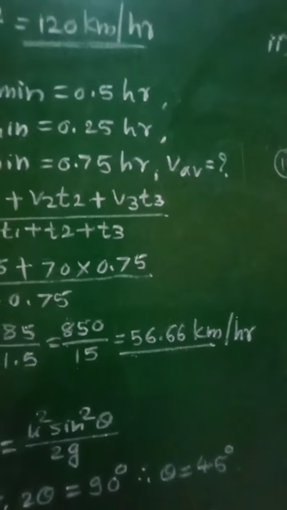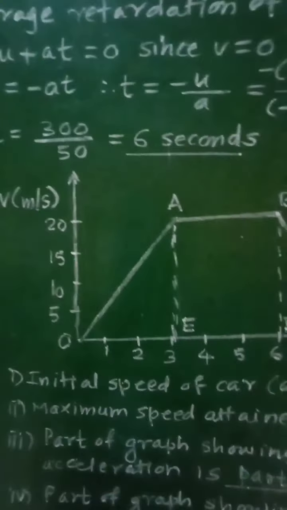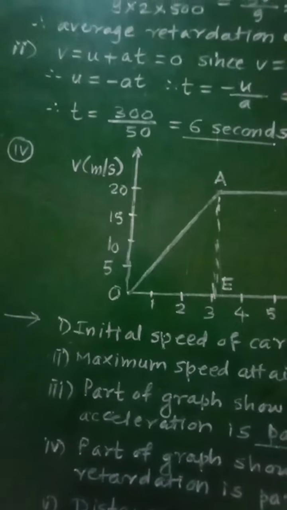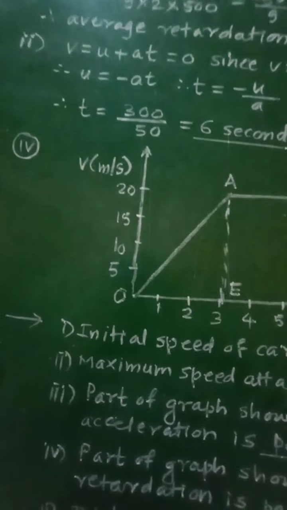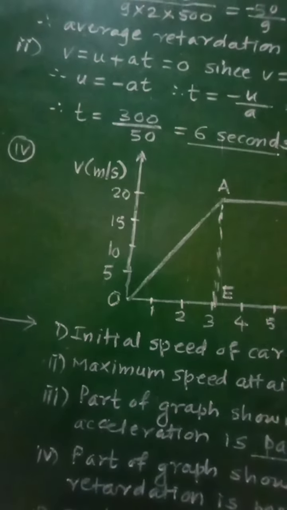And now let us go for the next numerical, that is numerical number 4, which is given as: the velocity time graph is shown in the adjoining figure.